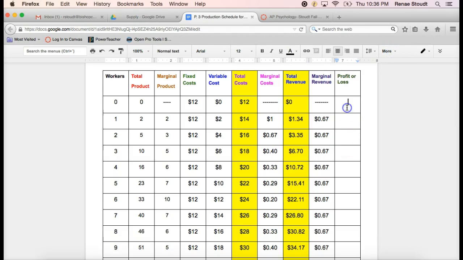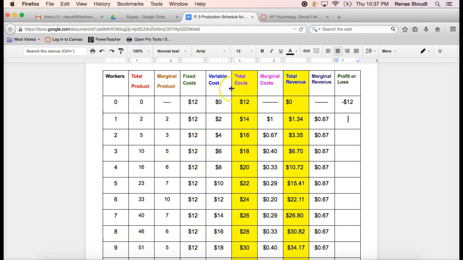So at 0 workers, okay, we had 0 revenue because we didn't make anything, but we had a total cost of 12. And remember that we had a total cost of 12 because we had those fixed costs, those things like rent and paper that we had to pay for. So 0 minus 12 will get us a loss of $12.